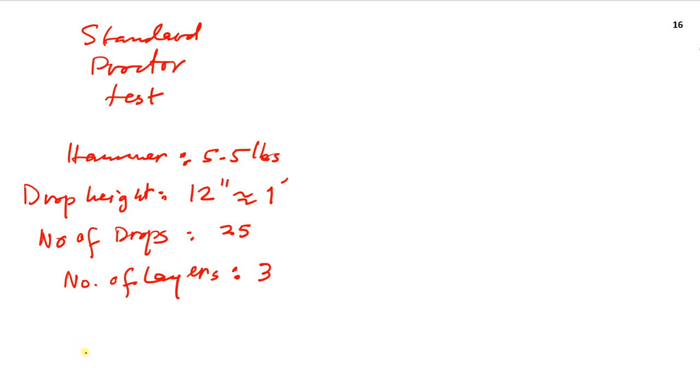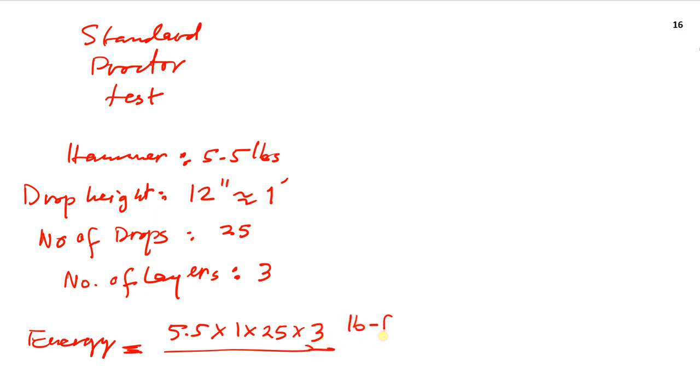5.5 pounds. So the energy that we are going to apply to this sample, and remember this energy is the energy per unit volume, is going to be: the hammer is 5.5 pounds and it is dropped by 1 foot. When this drop is one time, it is 1 foot times 5.5, and this hammer is dropped 25 times, and this is applied 3 times. So this is going to be pound foot.